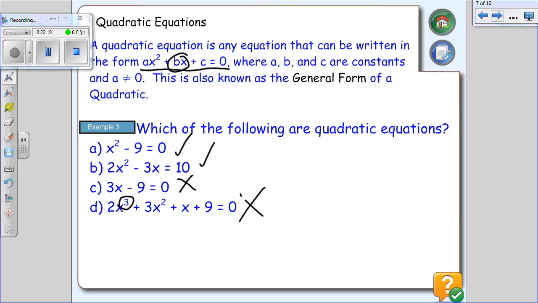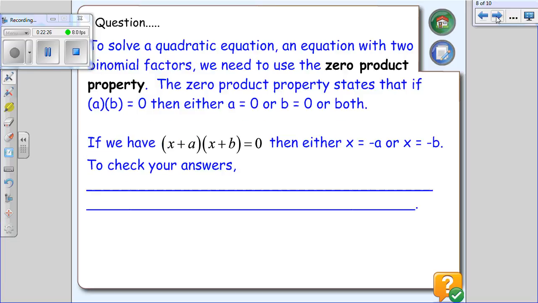Question. To solve a quadratic equation, an equation with 2 binomial factors, we need to use the zero product property. We talked about this yesterday. Some of you were very confused, but we introduced it, and now we're going to talk about it a little bit further in depth. The zero product property means that 0 times anything is 0.